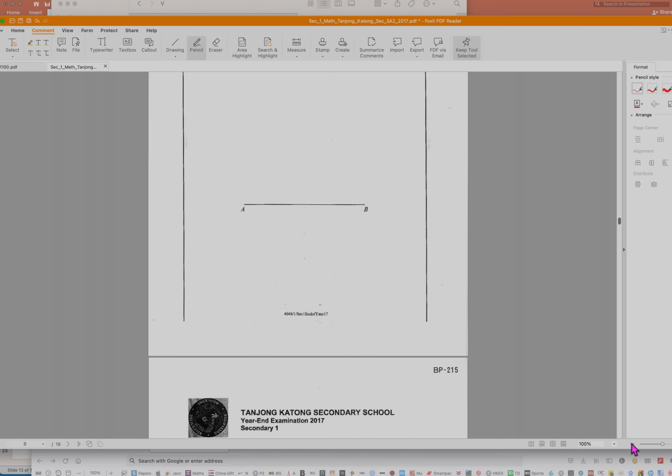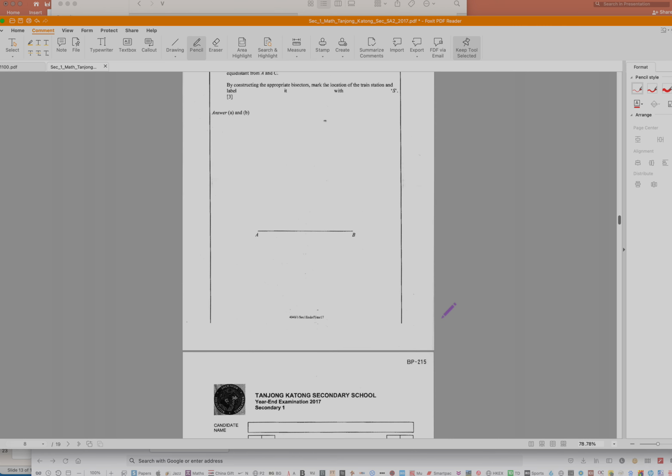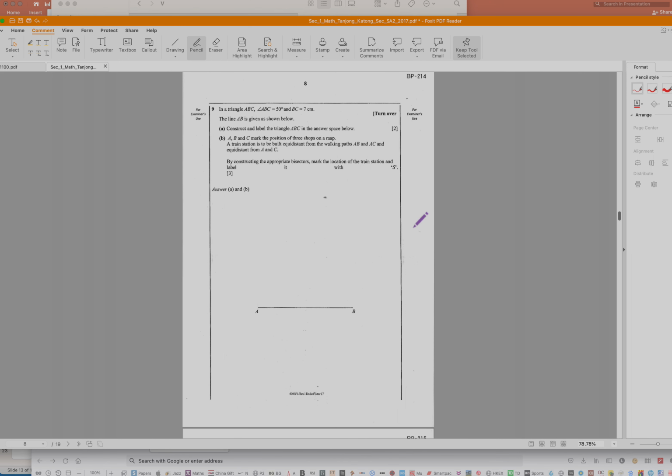AB is 7.8. You write down AB is 7.8. Okay, then the rest you follow. Okay, good. You can put this aside first because we need to sketch. Start from the middle so that you have more space.